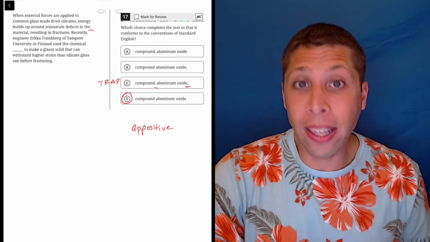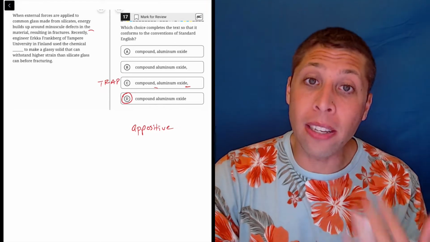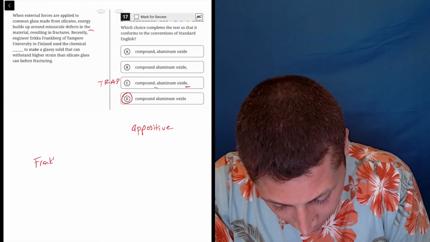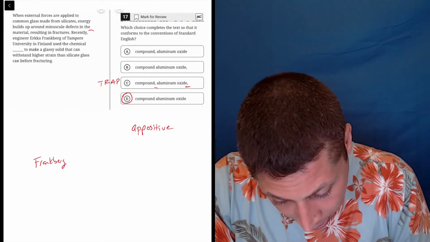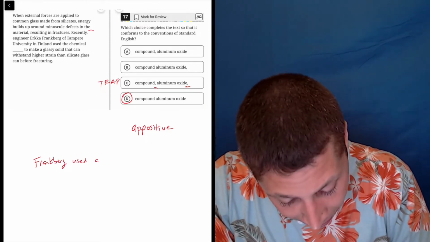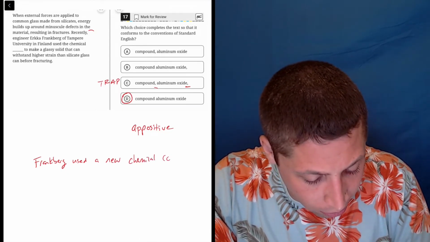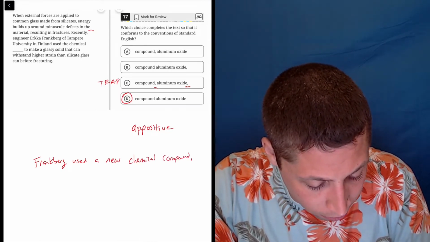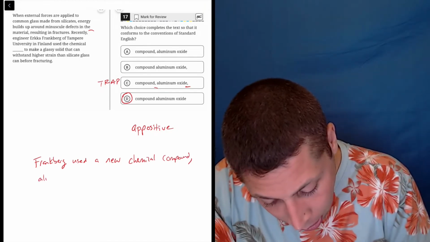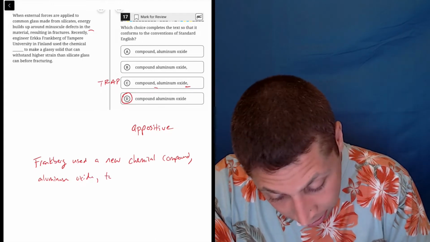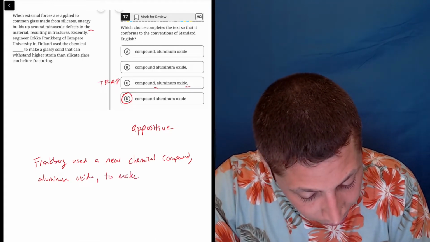Now, we could rewrite this sentence a little bit so that we did need the commas. I would say if we said something like, Frankberg used a new chemical compound, comma, aluminum oxide, to make a glassy solid.